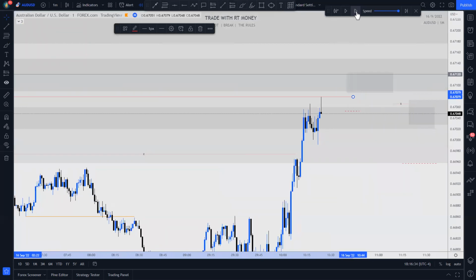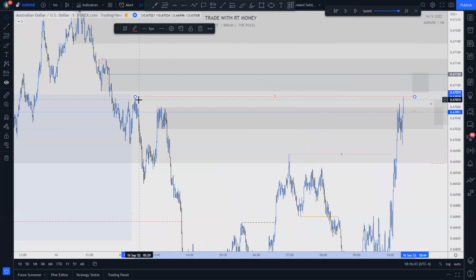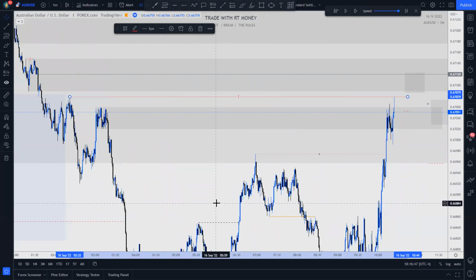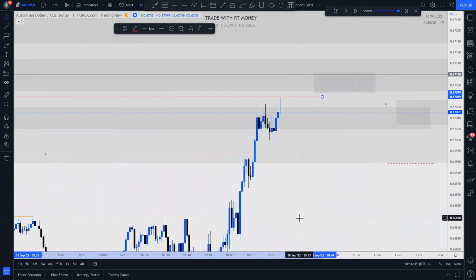That's not the market structure I'm looking for. The market structure break to the downside that I'm looking for. We see that we are now sweeping that high all the way over here to the left. Everything, the analysis, is going according to the plan.